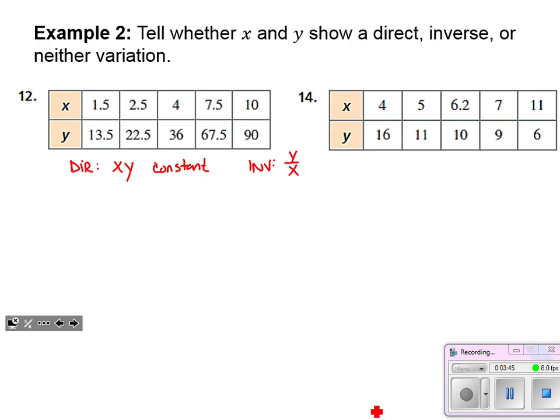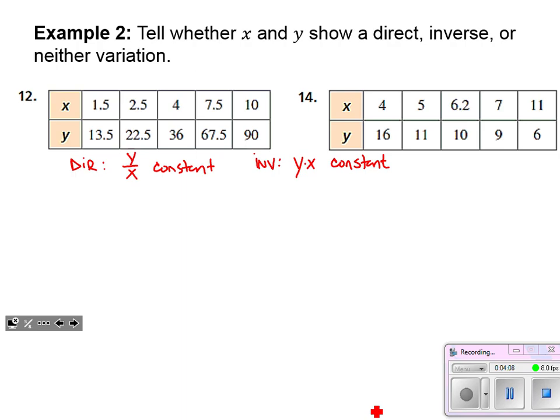Oh boy, I've got that backwards. For a direct variation, our quotient y divided by x remains constant. And for an inverse variation, that's where our product, y times x, remains constant. And again, just working from those relationships that we had on the first slide.